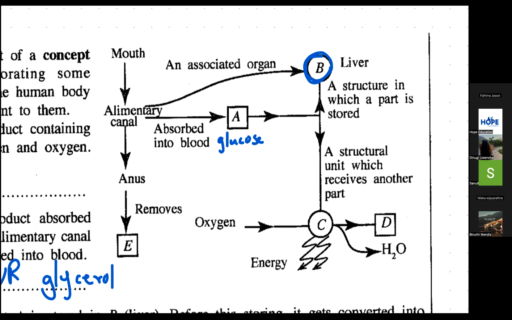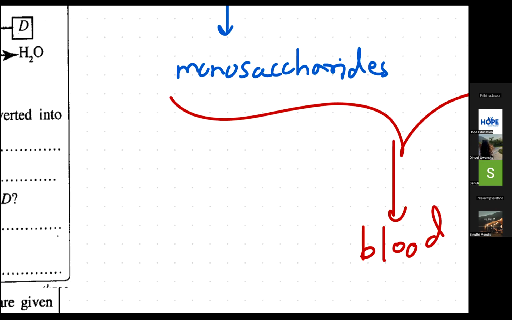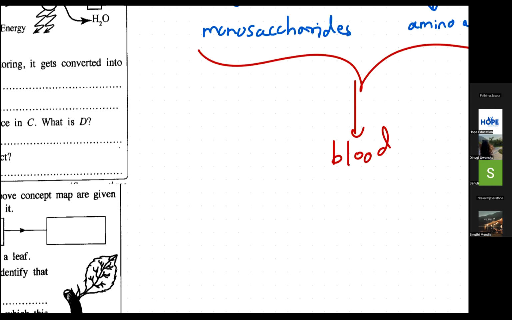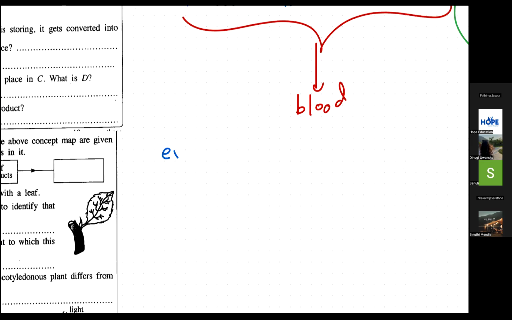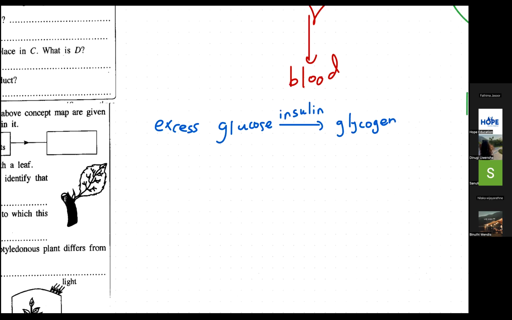Okay. So if our blood has excess glucose, that excess glucose is converted to glycogen by the hormone insulin. Where is insulin secreted from? Children, where is insulin secreted from?